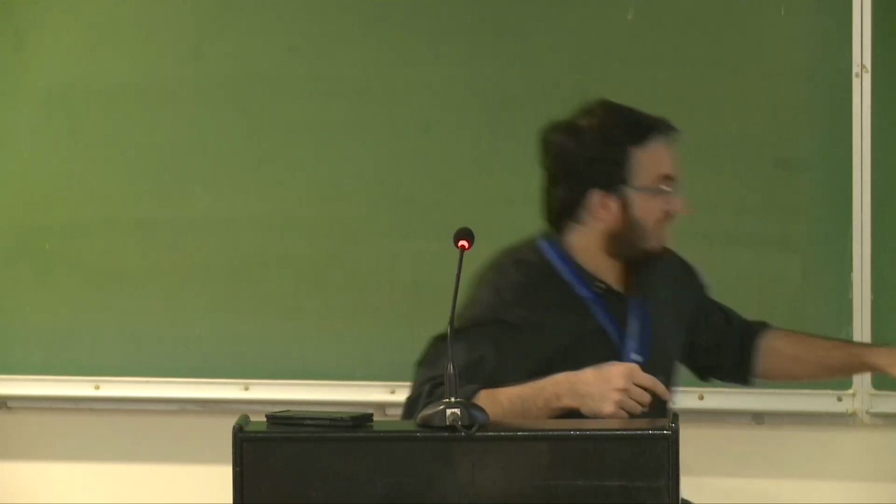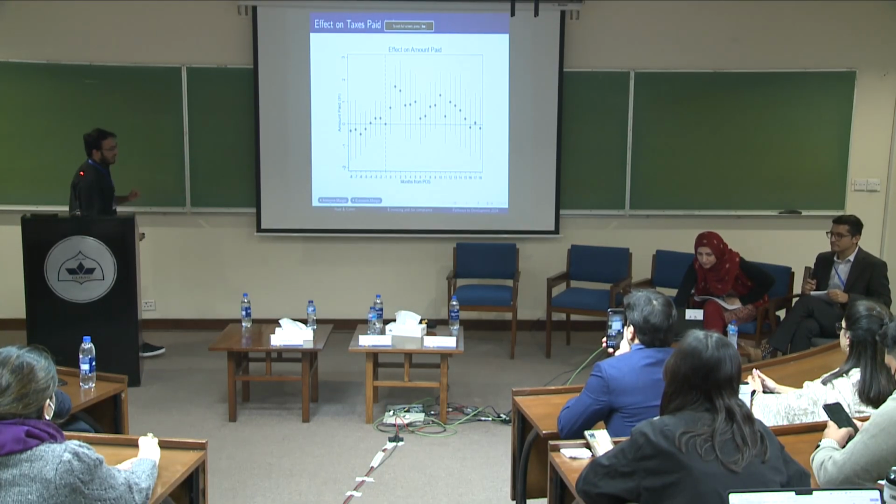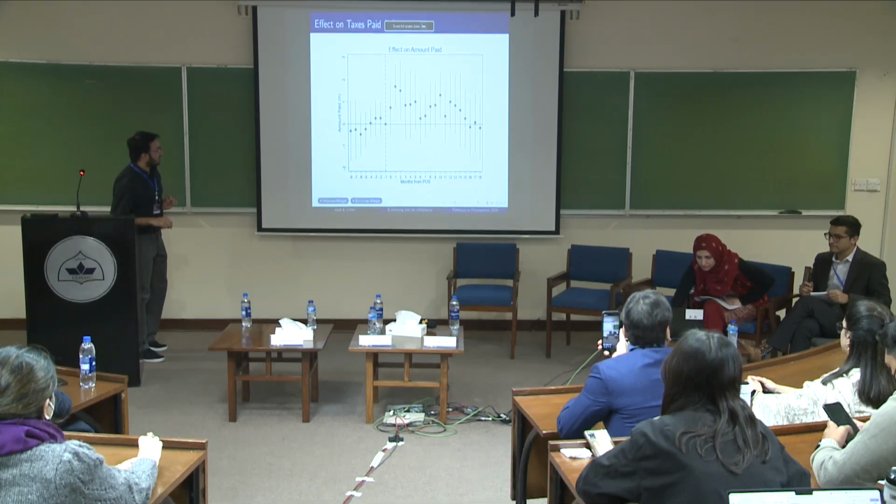It's coming from both sides. For sales and reported value added, both the extensive and intensive margin are driving the effect. But on the amount paid, can I quickly click on this and show the intensive margin, if it's going to work?